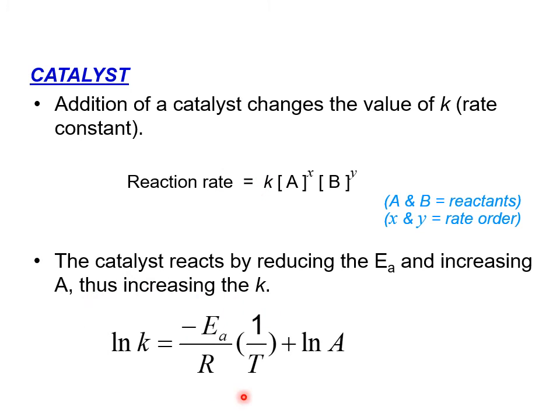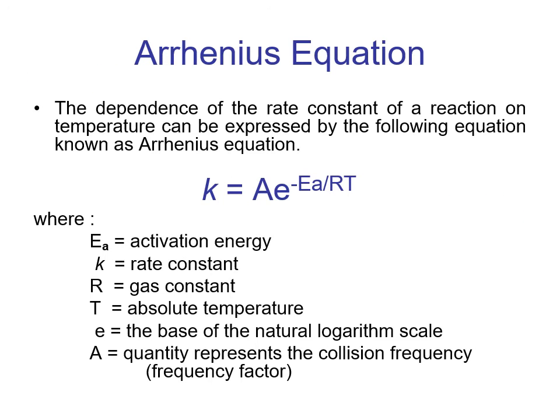Here shown to you is a formula. This formula is called the Arrhenius equation. The dependence of the rate constant of a reaction on temperature can be expressed by the following equation known as the Arrhenius equation.